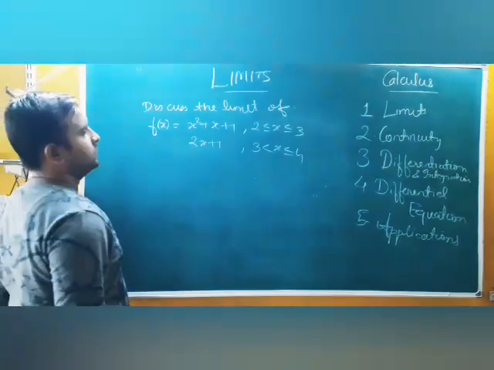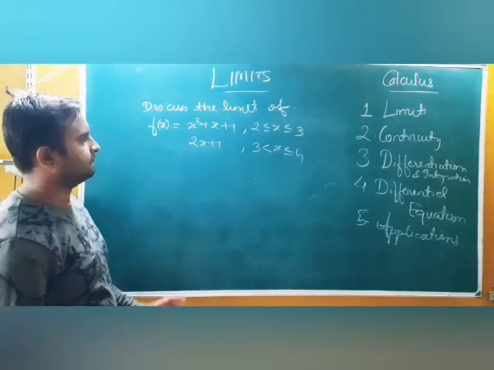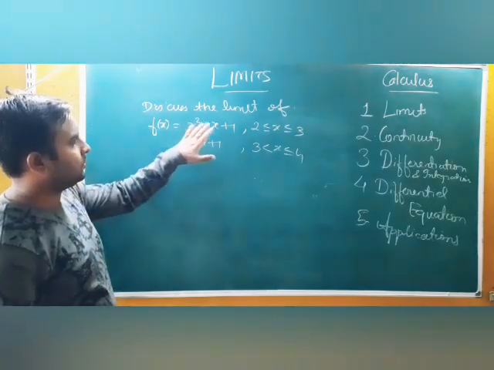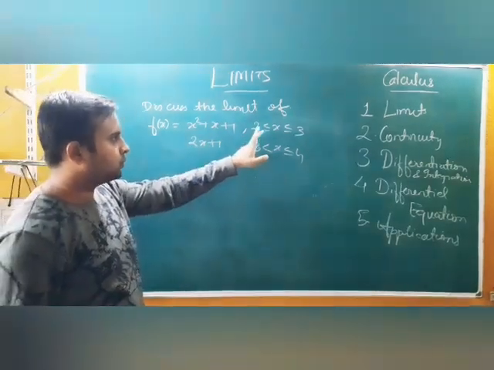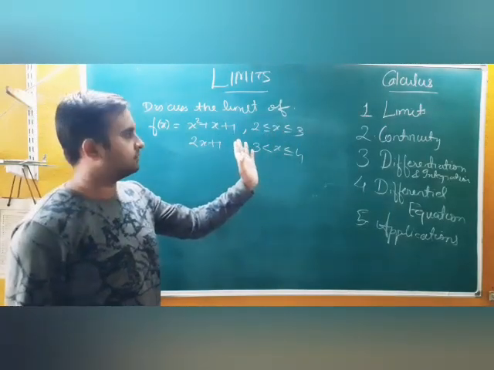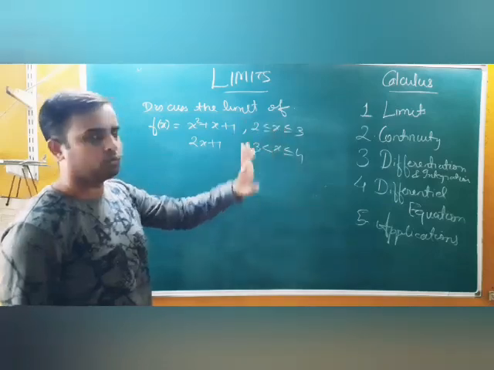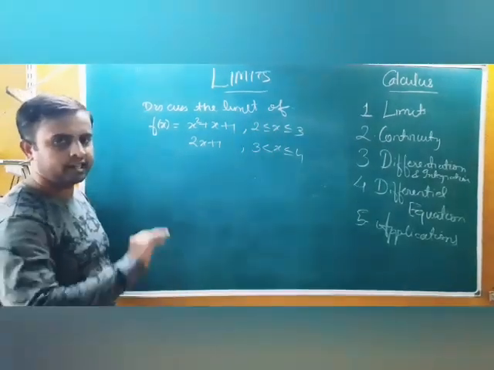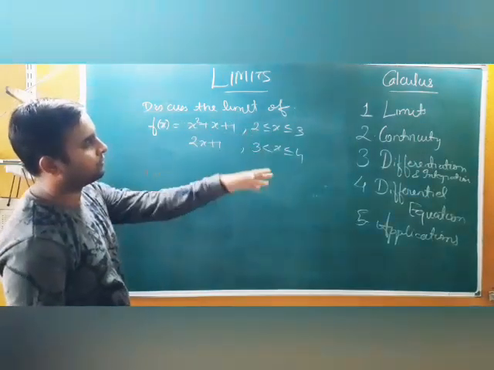Now recall the concepts of left hand limit and right hand limit. X square plus x plus 1. The domain is 2 and 3, all the values including 2 and 3, because 2 is less than equal to x less than equal to 3. That means 3 and 2 both are included. So let's see at the extremity. We will approach towards 3 from the left hand side.